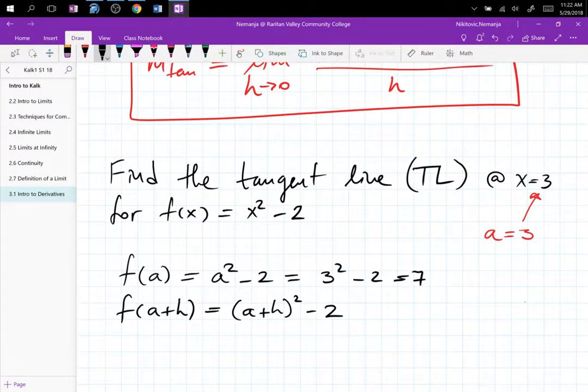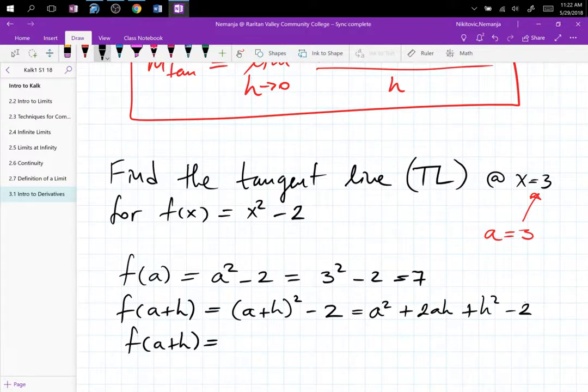So all of that stuff works together. And now we expand this, so that's a squared, here's your grade killer term, 2ah, plus h squared minus 2. And ultimately, f of a plus h, when we plug in 3 for a, is going to be 3 squared plus 2 times 3 times h plus h squared minus 2.